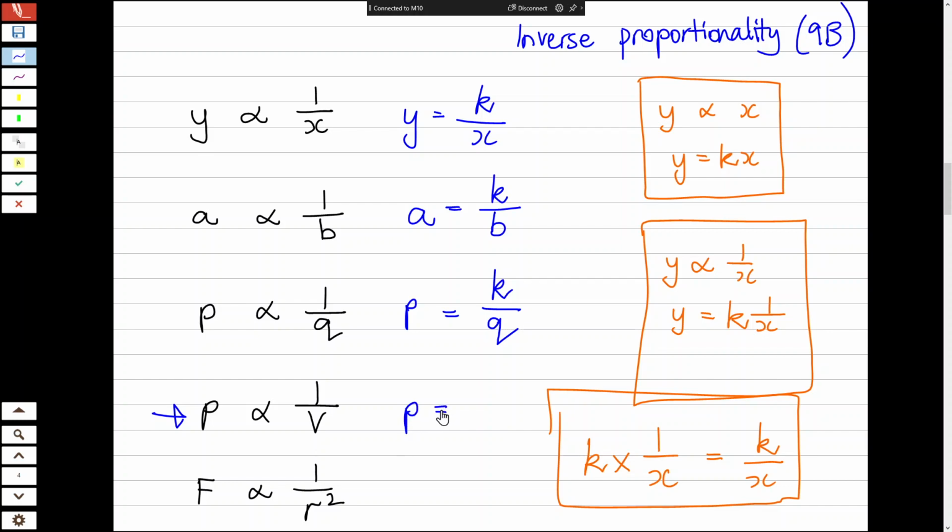That's it. And Ben, what do you think goes here? Yeah. So notice that stays the same, and I just introduce the constant k.